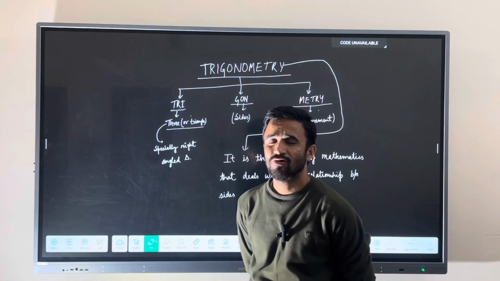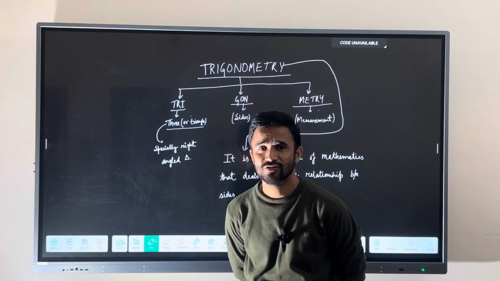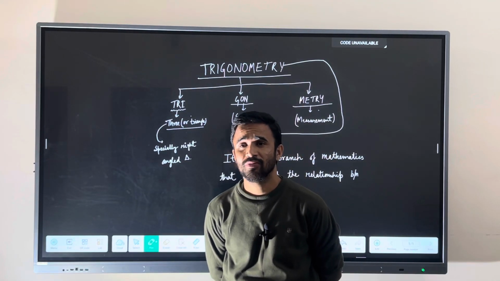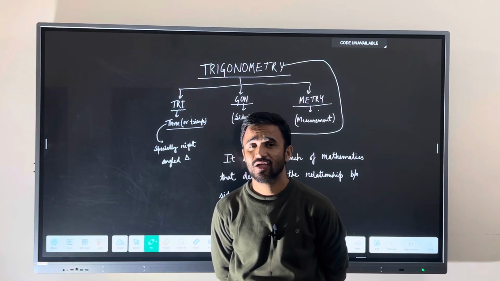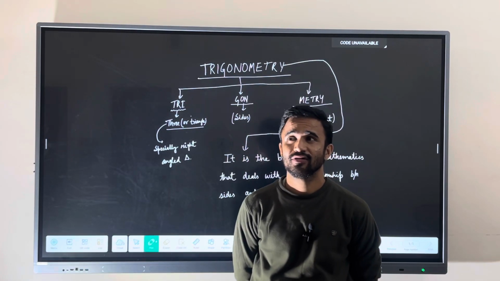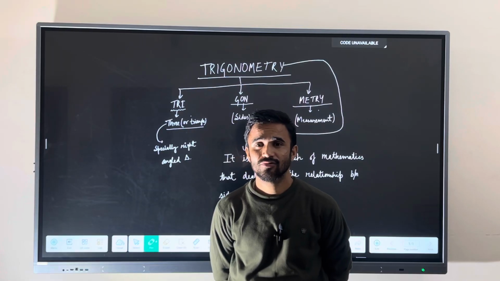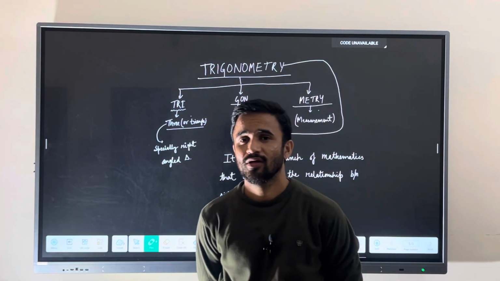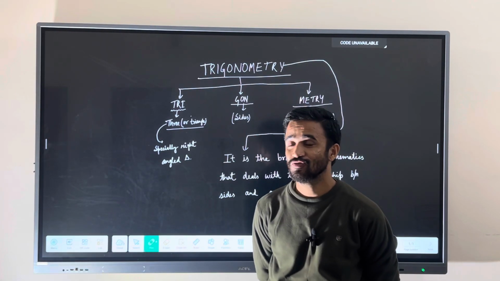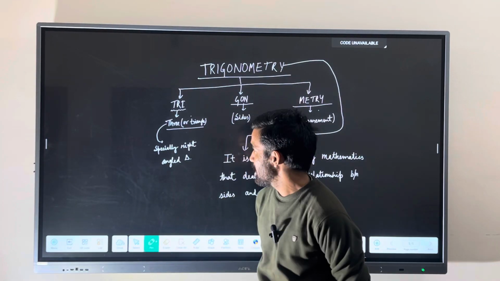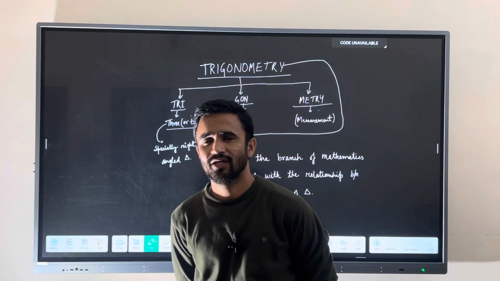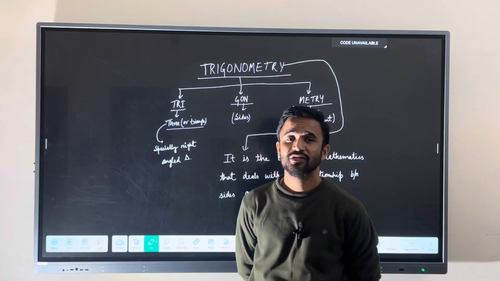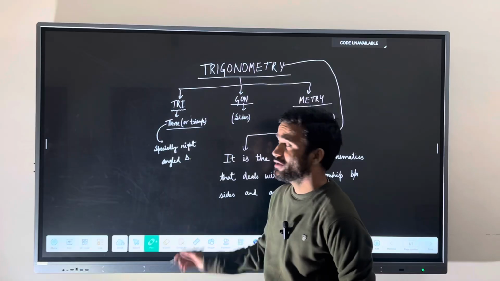And in modern times it has a lot of applications also, like if you want to build a bridge, like the highest bridge that we recently made in Jammu and Kashmir. All these things are based on trigonometry, so we should know the basics of trigonometry. Nowadays we can apply trigonometry in any triangle, but when it was invented, it was specifically used in the right angle triangle.